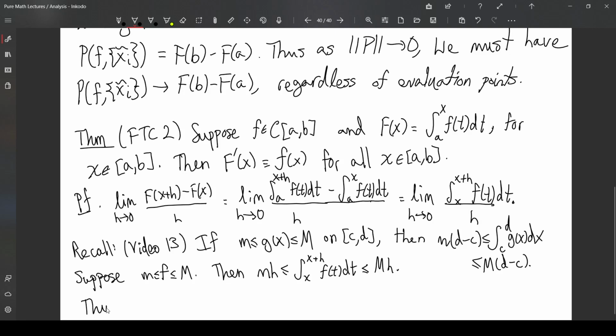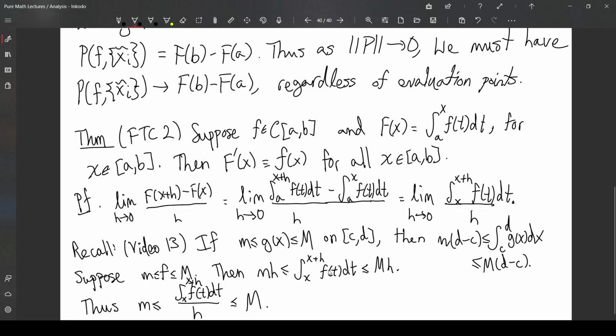Thus, little m is bounded by this quotient, the integral of f from x to x plus h over h, which is less than or equal to capital M. So the value of this quantity, the integral of f over h, is bounded in the same region that the values of f of x are bounded.